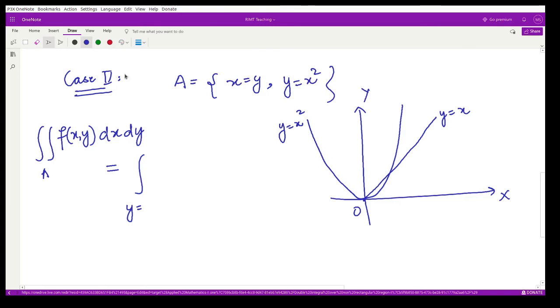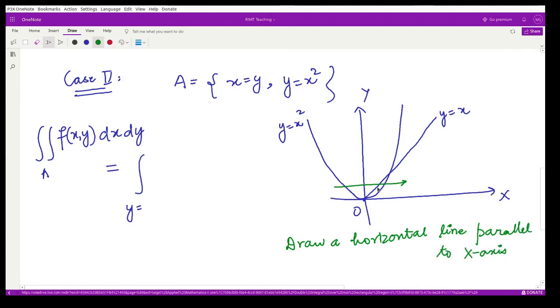In this case, we will draw a horizontal line parallel to the x-axis. You will first note what your entry point is here and your exit point here, and then see how far it will go up and how far it will go down.